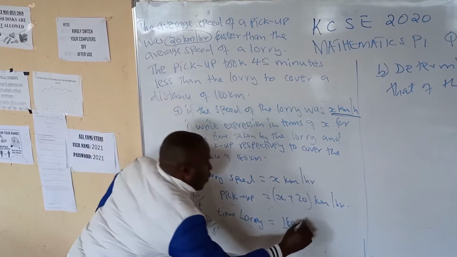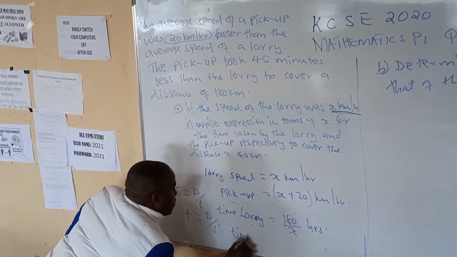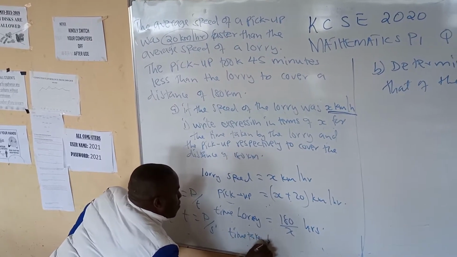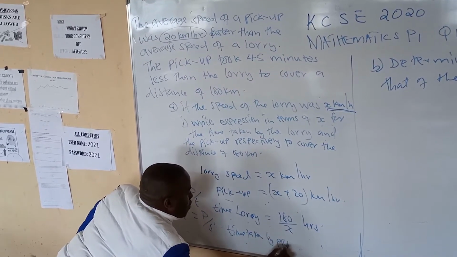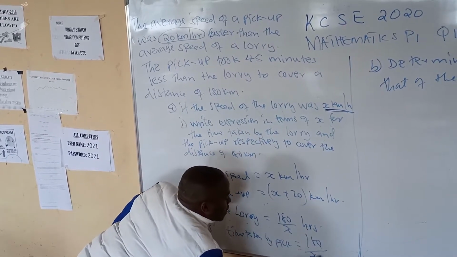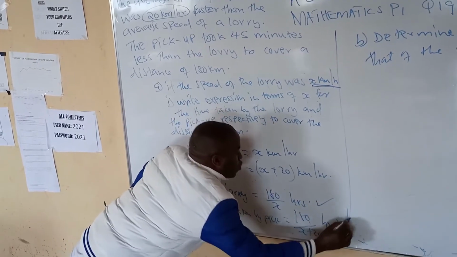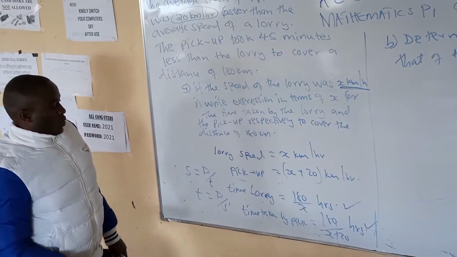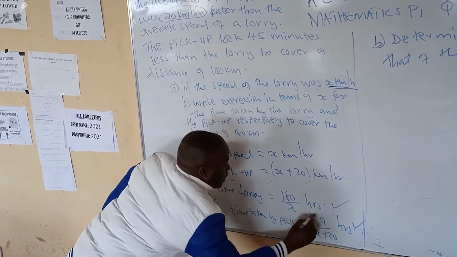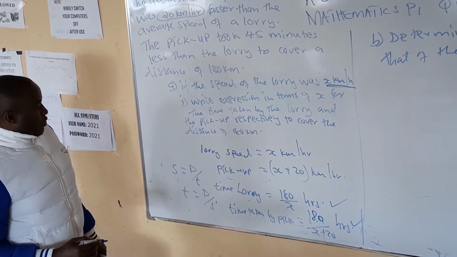So this is in hours. And the time taken by the pickup will be equal to 180 all over x plus 20 hours. So these are the two expressions that show the time taken for the two of them.